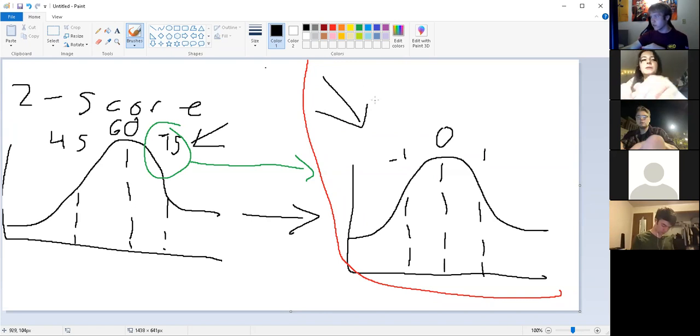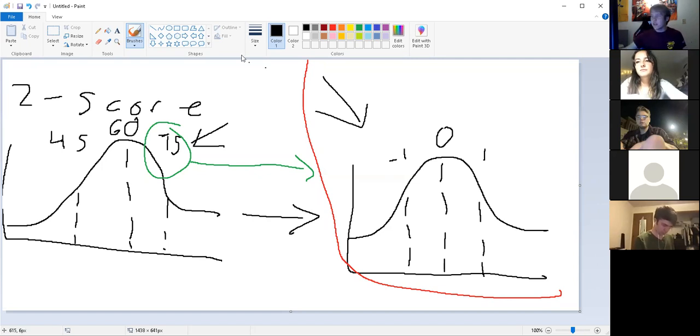And then when we're looking it up in the book, like the z-score in the back of the book, is that when we're transferring it back to the green side? So when you're looking up the z-scores in the back of the book, it's more so that you can figure out percentages.